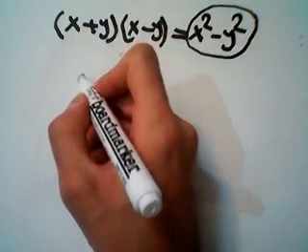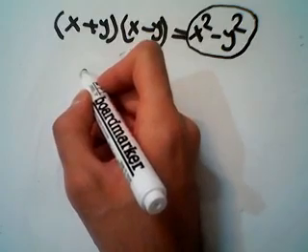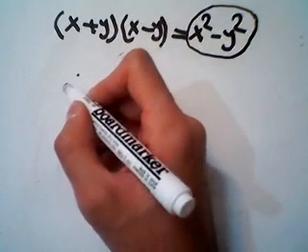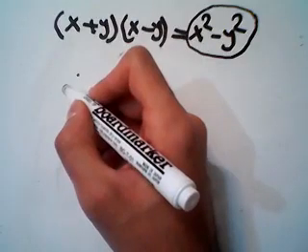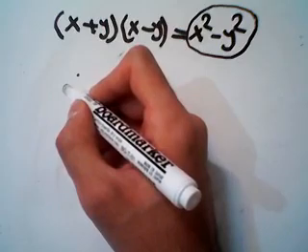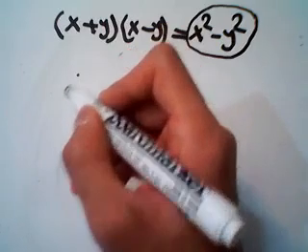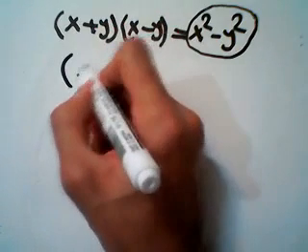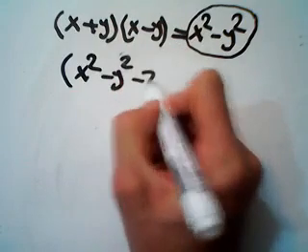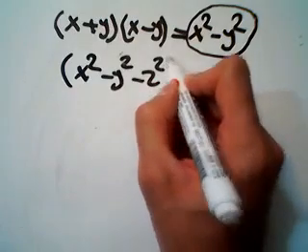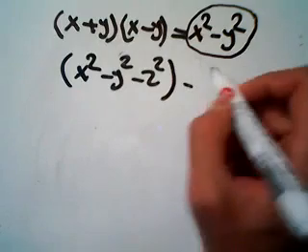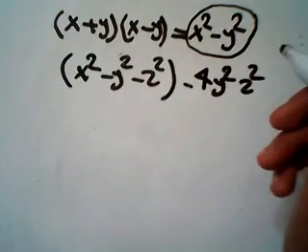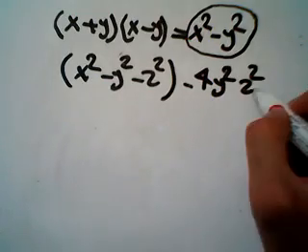Here's another one: x squared minus y squared minus z squared minus 4y squared z squared. This is z, this is 2.